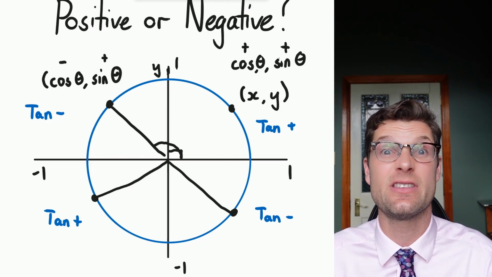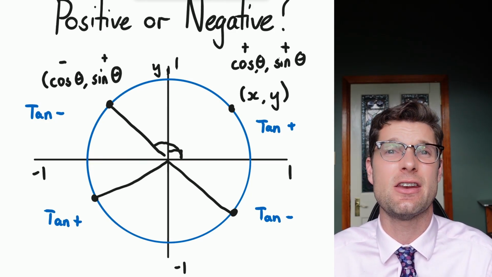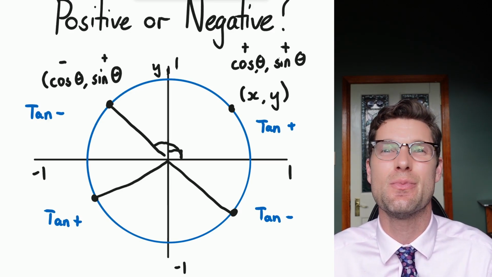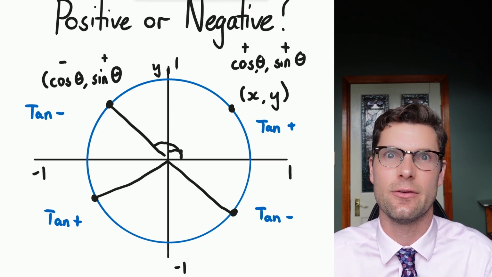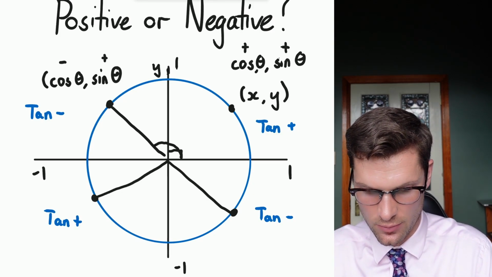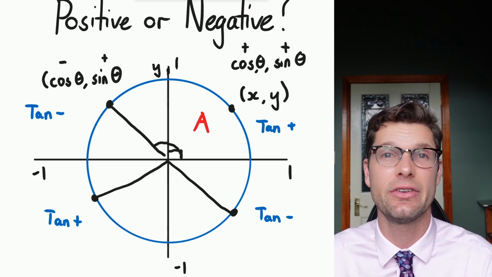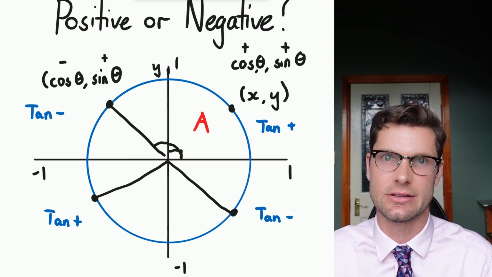So there is an acronym for this, and it is quite helpful, but I would highly recommend knowing why these things are true instead of just remembering the acronym, because you might kind of miss some of the key information. So this first quadrant we say is A because all the trig functions are positive between 0 and 90 degrees.